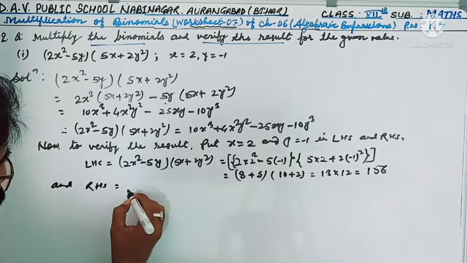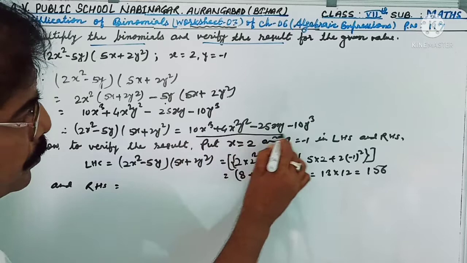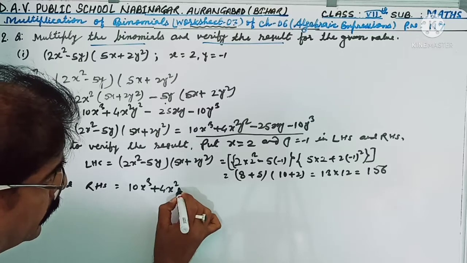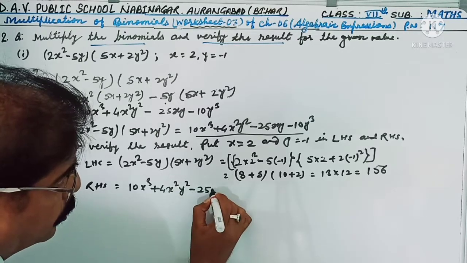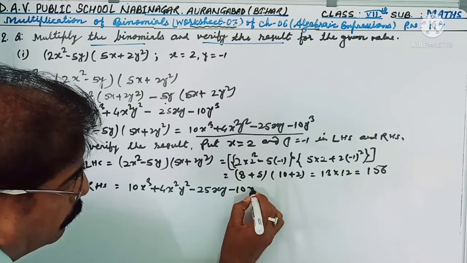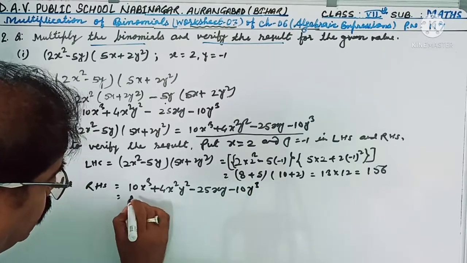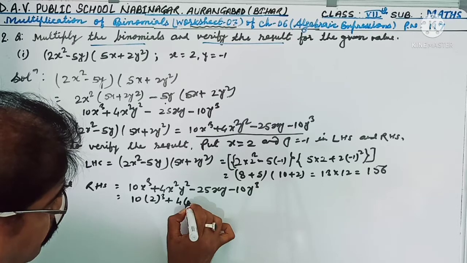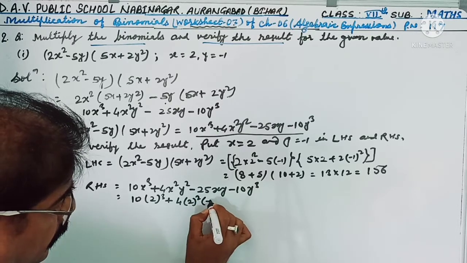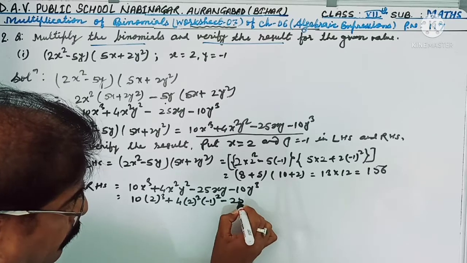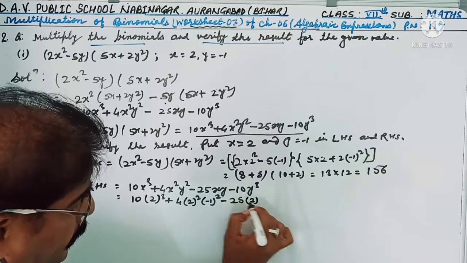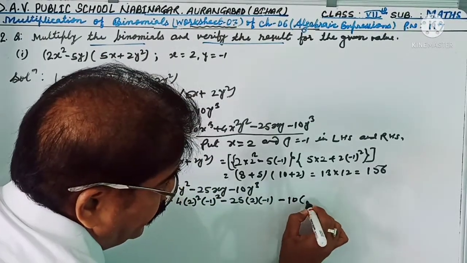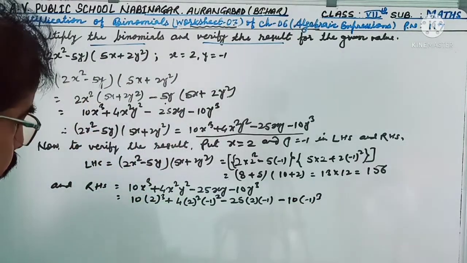Now RHS equal to 10x cube plus 4x square y square minus 25xy minus 10y cube, is equal to 10 into 2 cube plus 4 into 2 square into minus 1 square minus 25 into 2 into minus 1, and minus 10 into minus 1 cube.